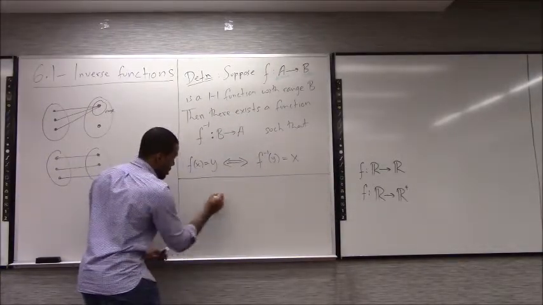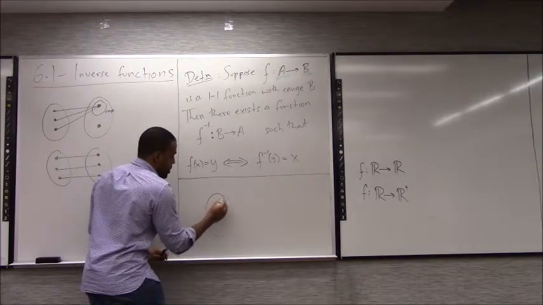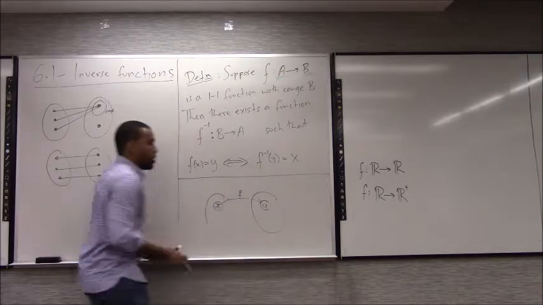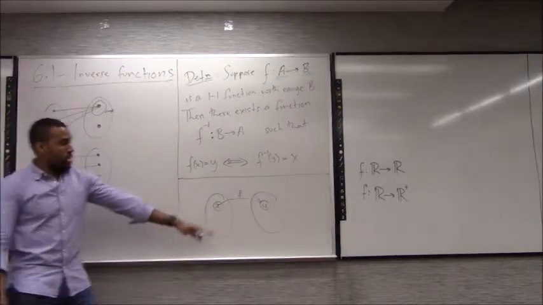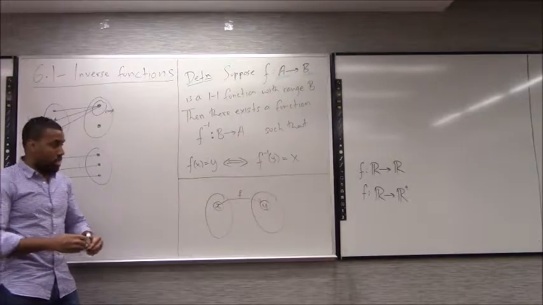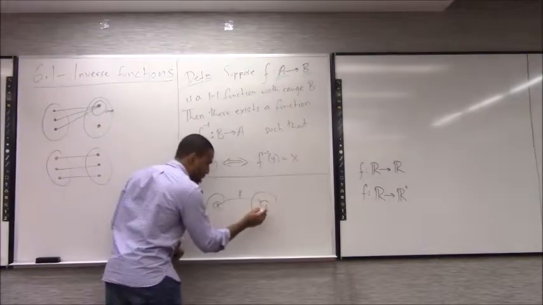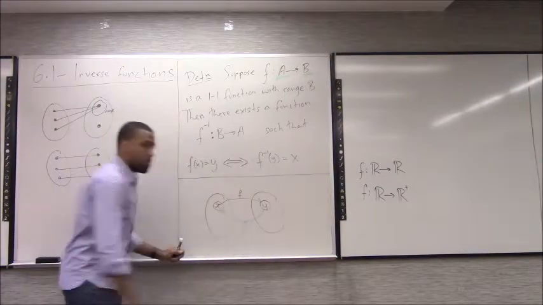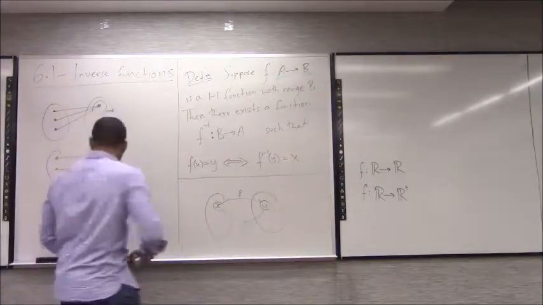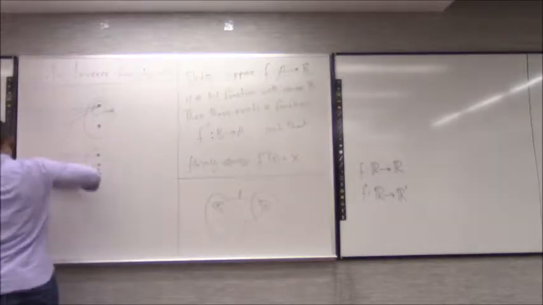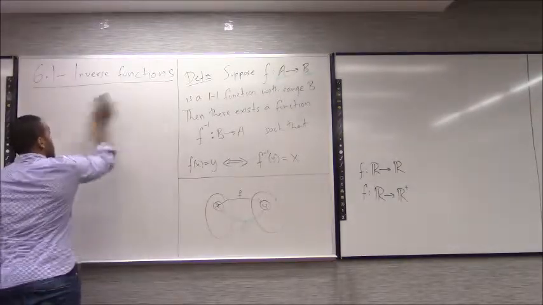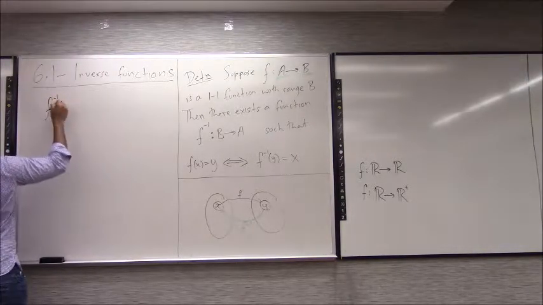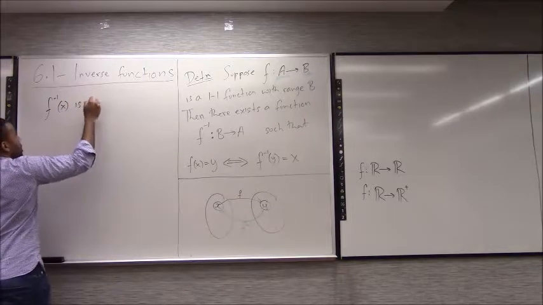So there is a function. If you can take x and it outputs a value y, and that's done by your function f, and this function is 1-to-1 and the range is the entire codomain, there's another function that will take that output and give you back the original input. This function we denote by f to the minus 1. It is important for you to realize that f inverse of x is notation.